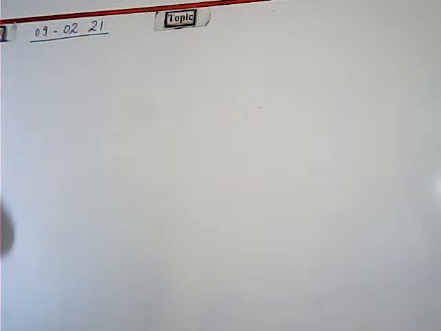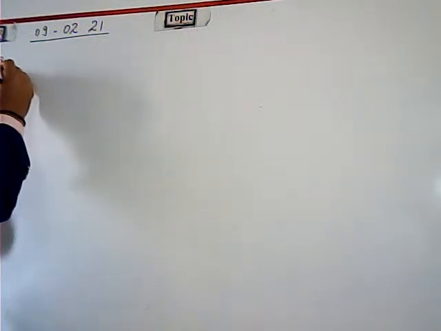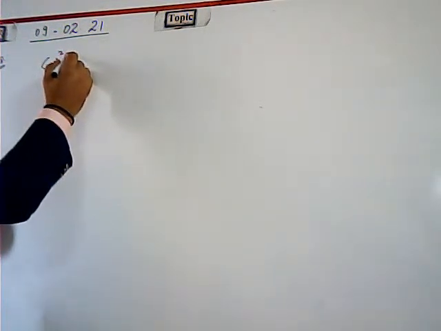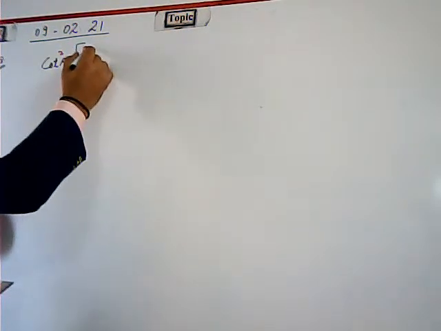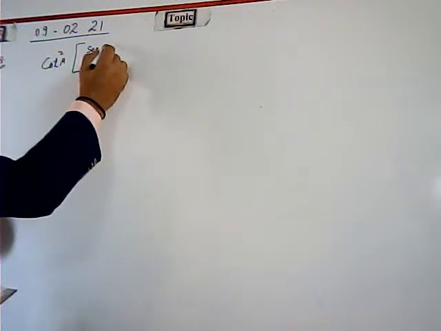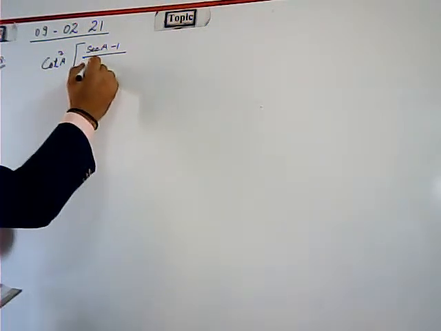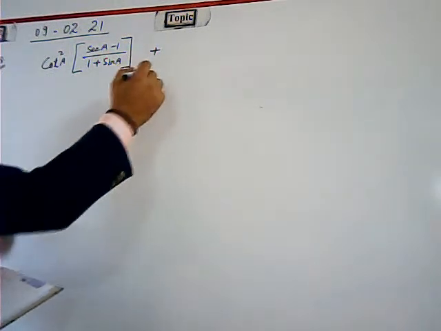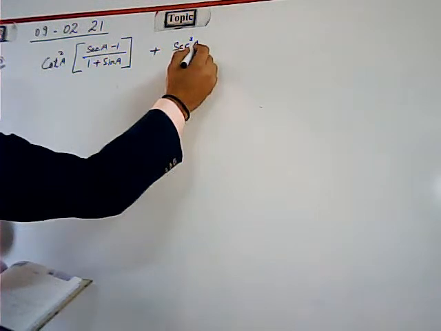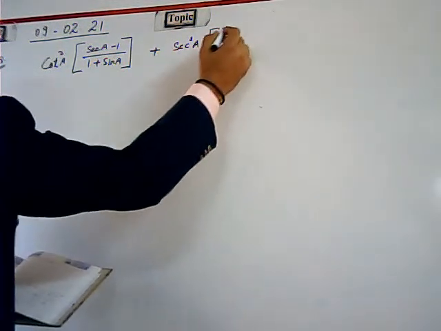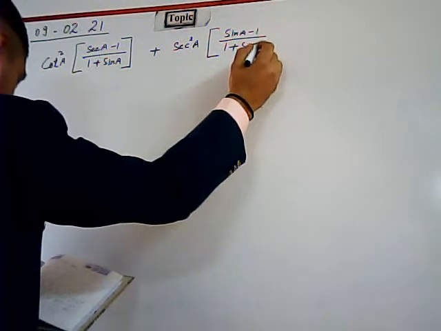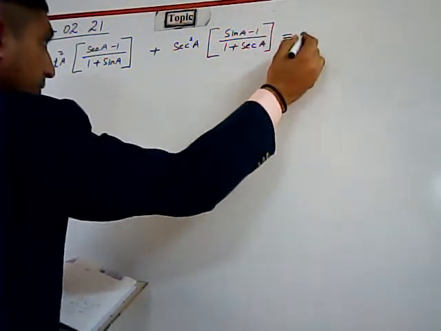Prove that, question is cotangent square of A into secant A minus 1 upon 1 plus sin A plus secant square of A into sin A minus 1 upon 1 plus secant A is equal to 0, right?